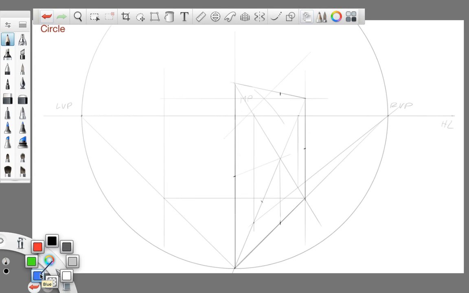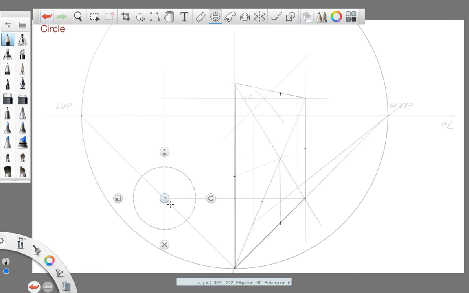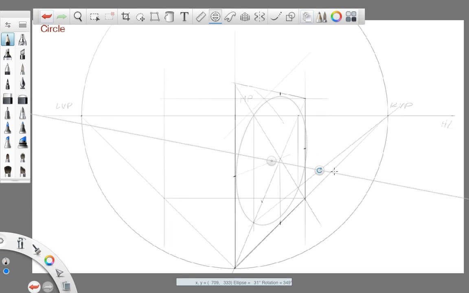Okay, so let's go to the ellipse tool and switch to blue, and let's try to scale this one in. Now this one again has to go to that other vanishing point there, maybe a little bit bigger, a little bit smaller.